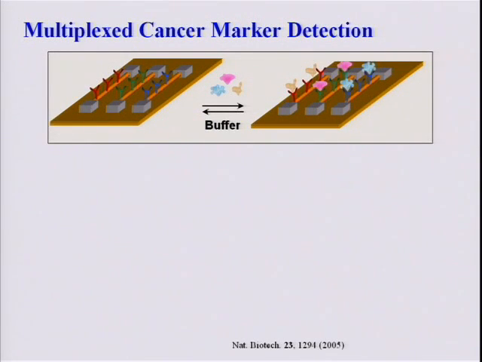Here's one example. We were doing the cancer marker detection. So for many types of cancers, before the cancer really developed to the late stage, the human body already has some change in the blood. For example, prostate cancer is a killer in the US for men.